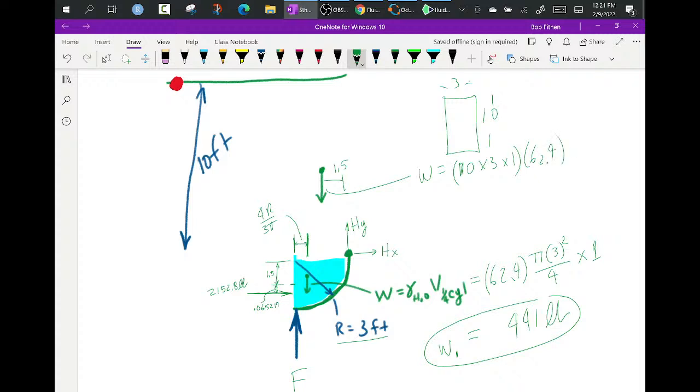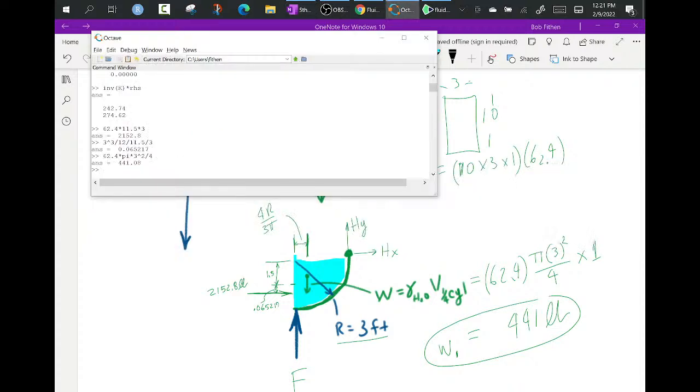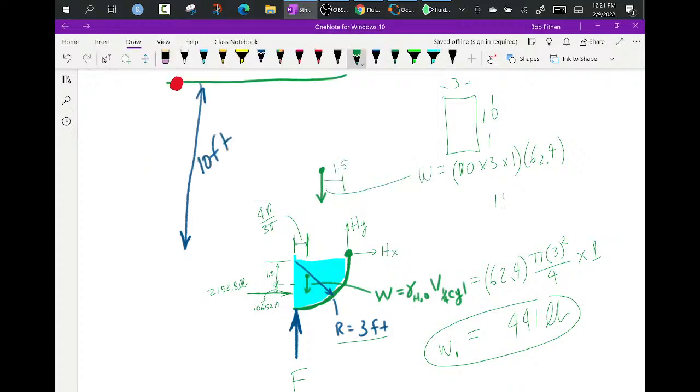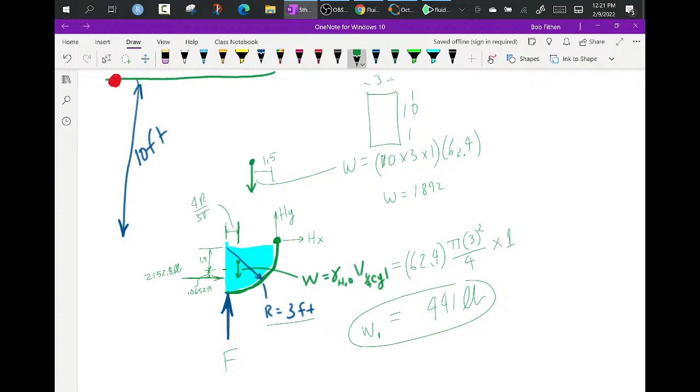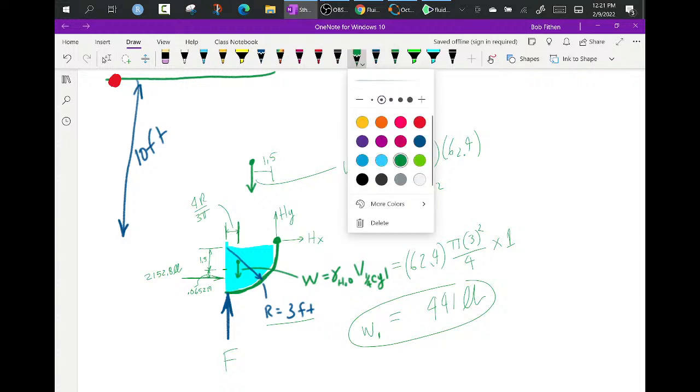That's 30 times 62.4, which is 1,872 pounds. Now with this drawing, the next thing you need to do is sum the moments about the hinge.